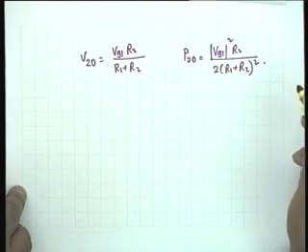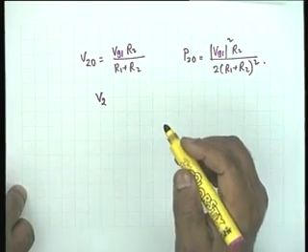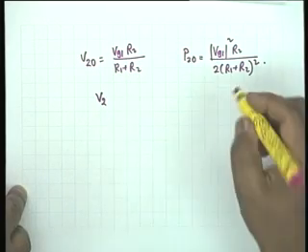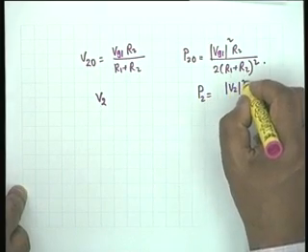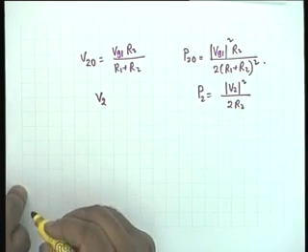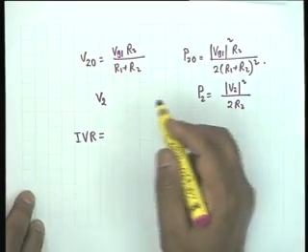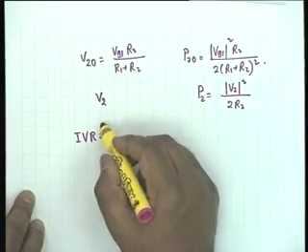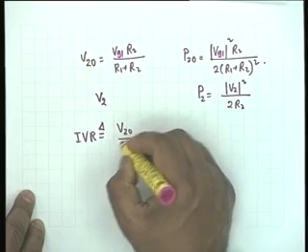On the other hand, if the network is inserted, then we get the voltage V2 across the load, and the power is P2, which is V2 squared divided by twice R2. Alright. The insertion voltage ratio IVR is then defined as the voltage V20 divided by V2.